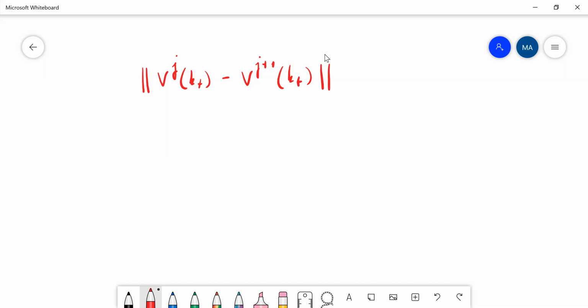Then you find this norm. If this norm is less than epsilon, where epsilon is some very small number, such as 10 to the minus 8, then you stop. If that is not true, you continue until this difference is less than some epsilon.